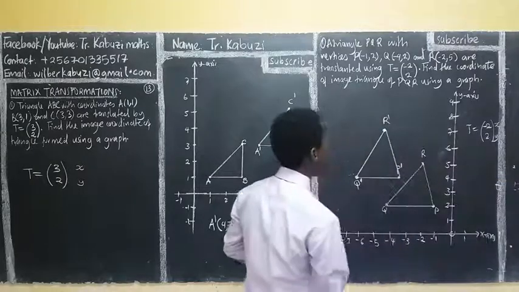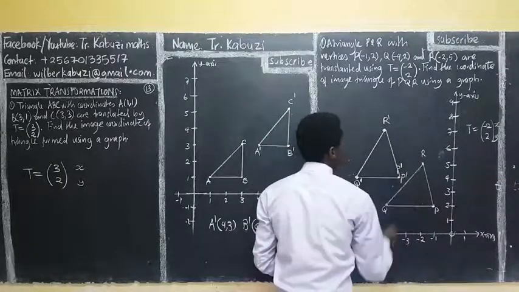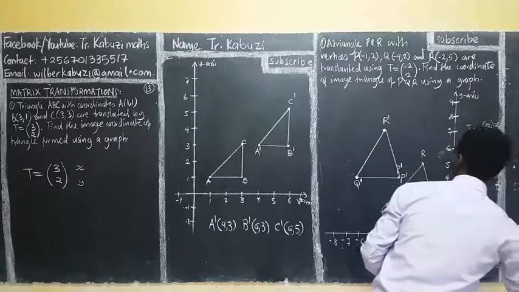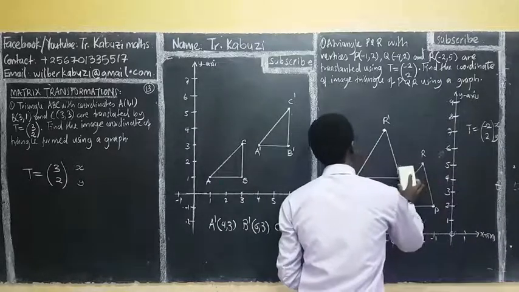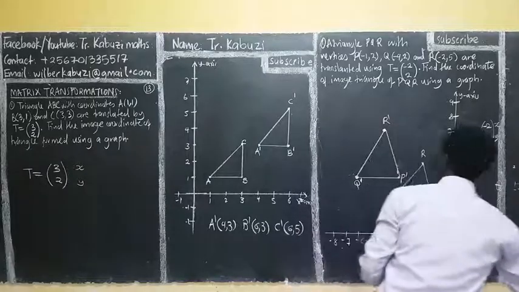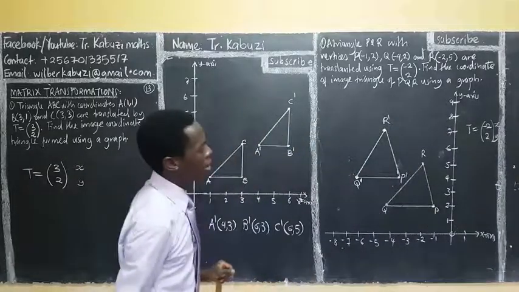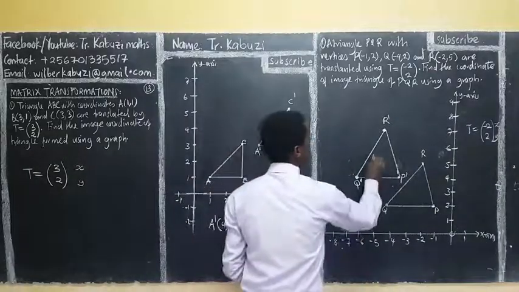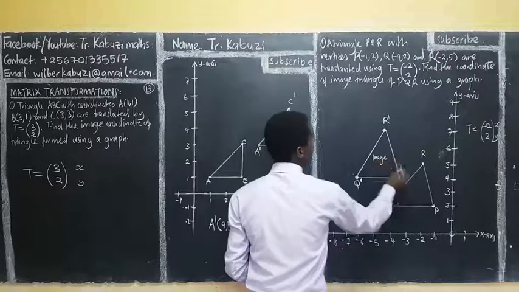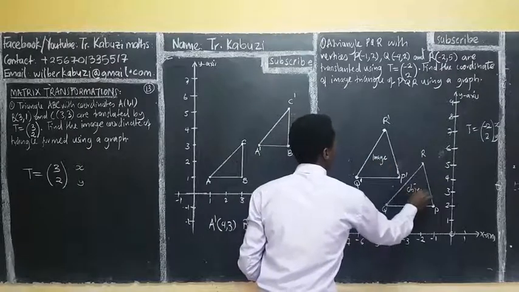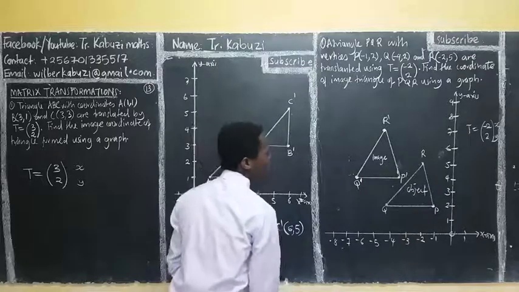So that will be my triangle. Let me do it like this so that it doesn't lose that vertex there. So that is now the new image. So this is going to be our image, and this is going to be our object. Now I can give the coordinates.